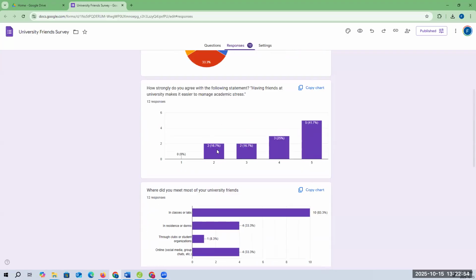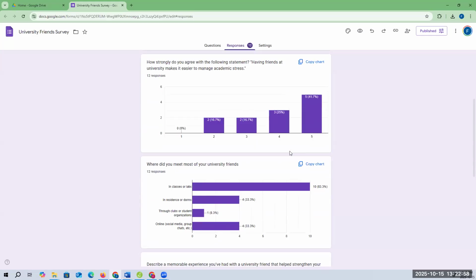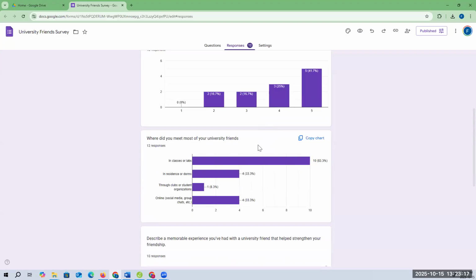But obviously, there are going to be individual differences between students. Some students usually have two friends, and they don't really feel that the friends are for the purpose of managing academic stress. Really, is it more for social activity?